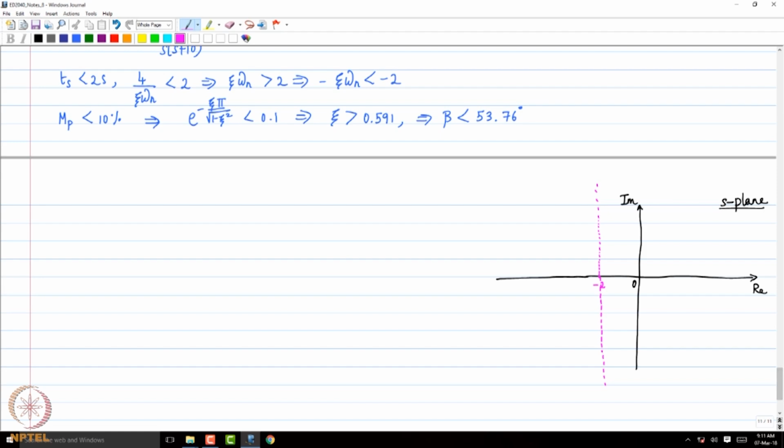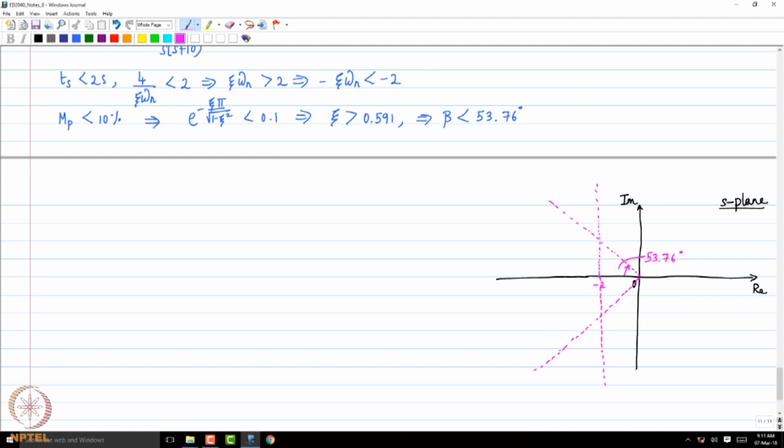Then if I draw two lines that make an angle of 53.76 degrees, right, this angle is 53.76 degrees. That gives me the condition on peak overshoot, right? So this is something which we already discussed.